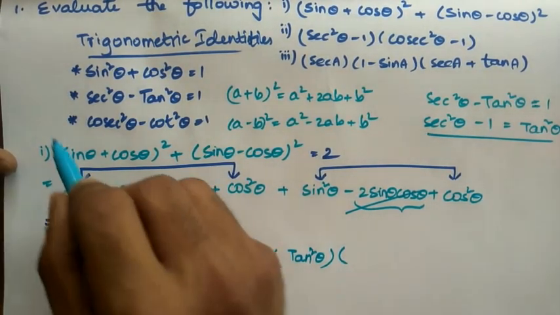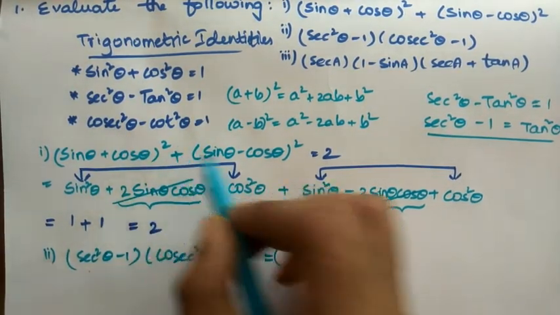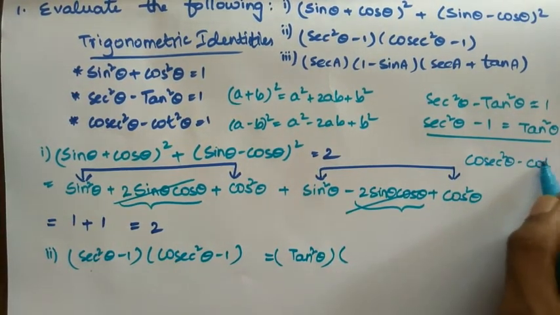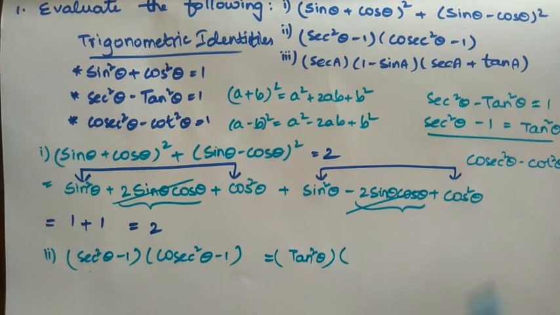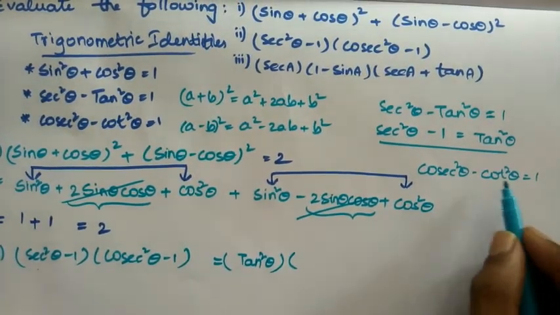From the third identity, cosecant square theta minus cot square theta is equal to 1, but we need cosecant square theta minus 1.